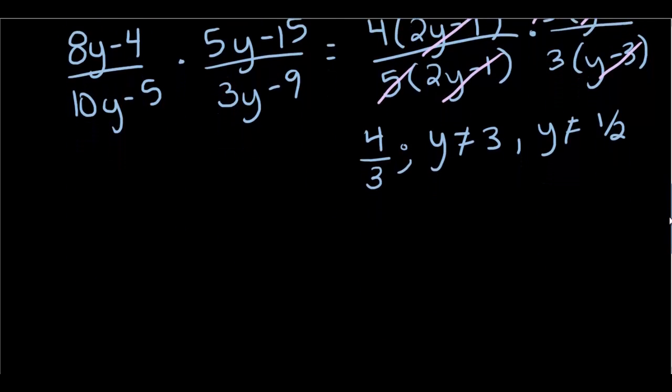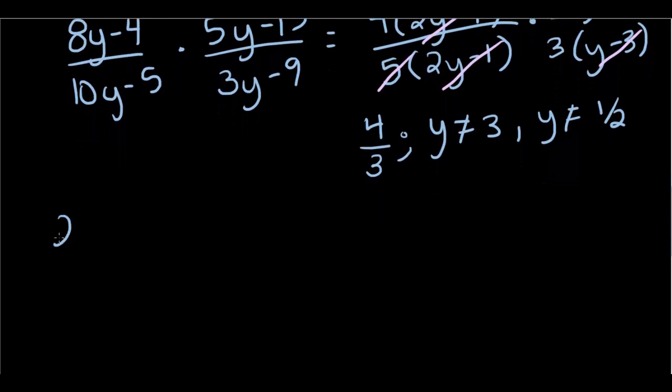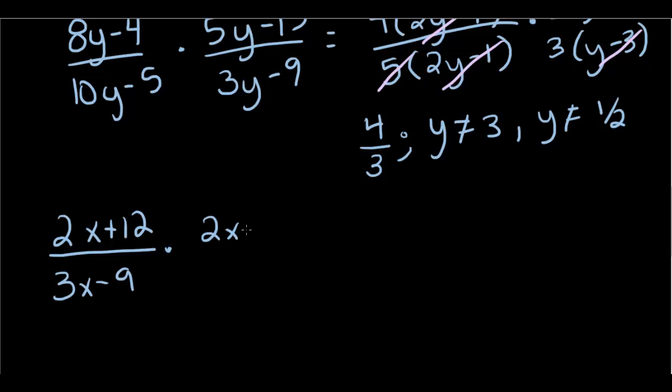Let's try another one. We're going to try 2x plus 12 over 3x minus 9 times 2x minus 6 over 3x plus 8. At this time, I recommend you pause the video, try to work on this on your own, and then unpause the video and see if you got it right.